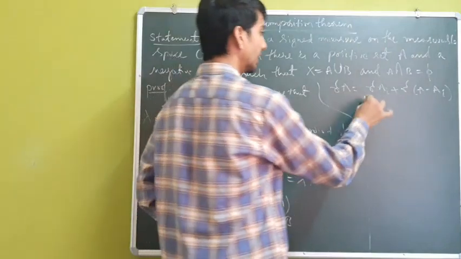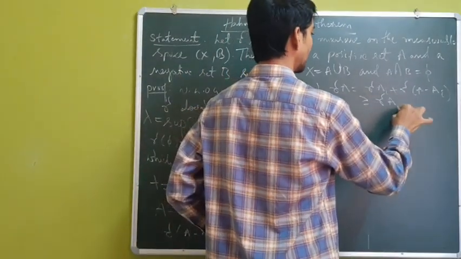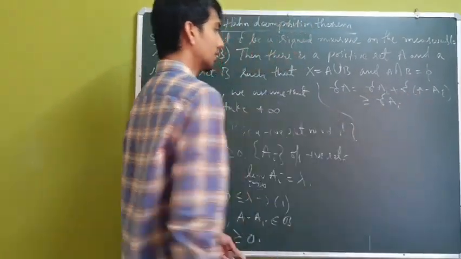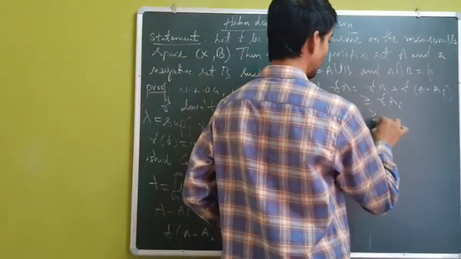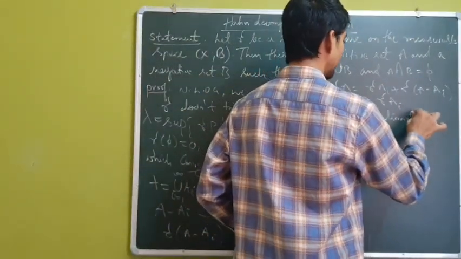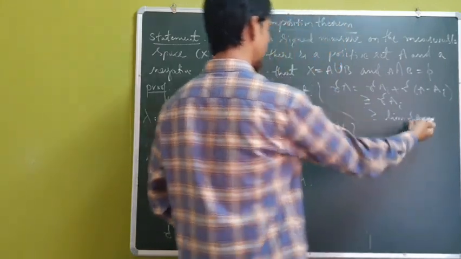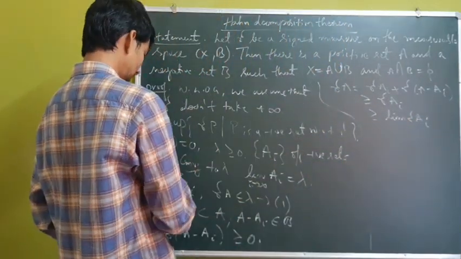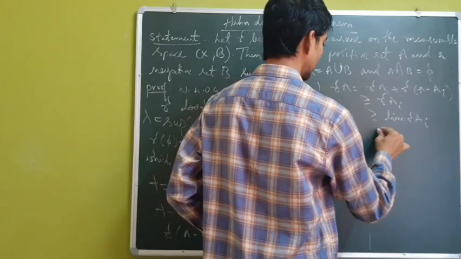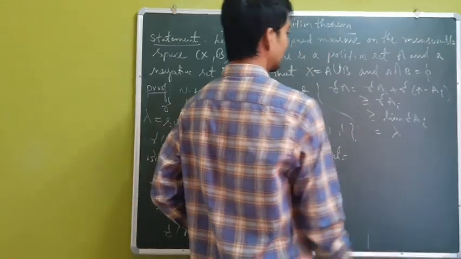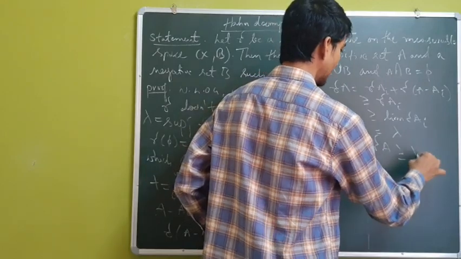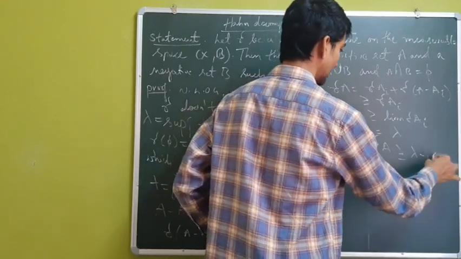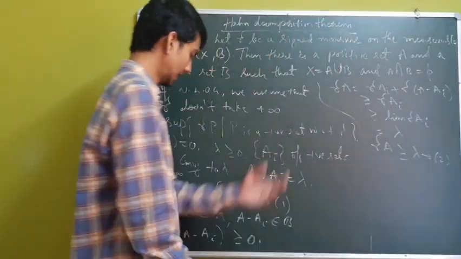Clearly this is greater than or equal to the signed measure of A_i, and still greater than or equal to the limit of the signed measure of A_i, and we know that the A_i's are converging to lambda. The limit of this is equal to lambda. So I have got the signed measure of A to be greater than or equal to lambda. Call this inequality 2.